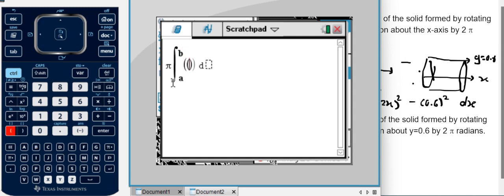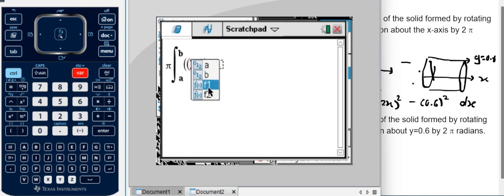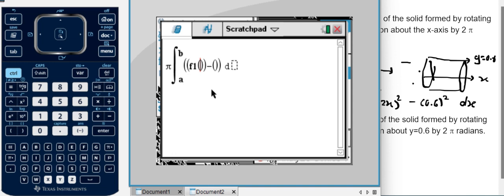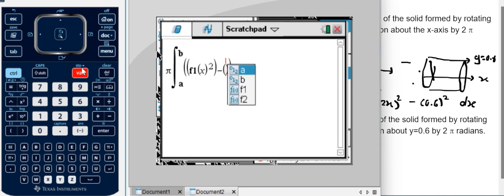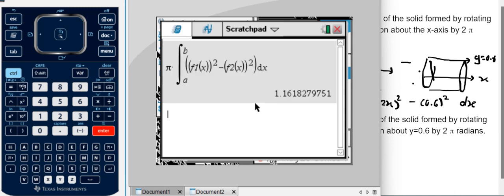All right, and inside there are two more brackets, and the first one is going to be my function, so go to vars, and this is going to be f1 x everything squared, and minus vars f2 x, and then everything squared, and then out here dx. Press enter.